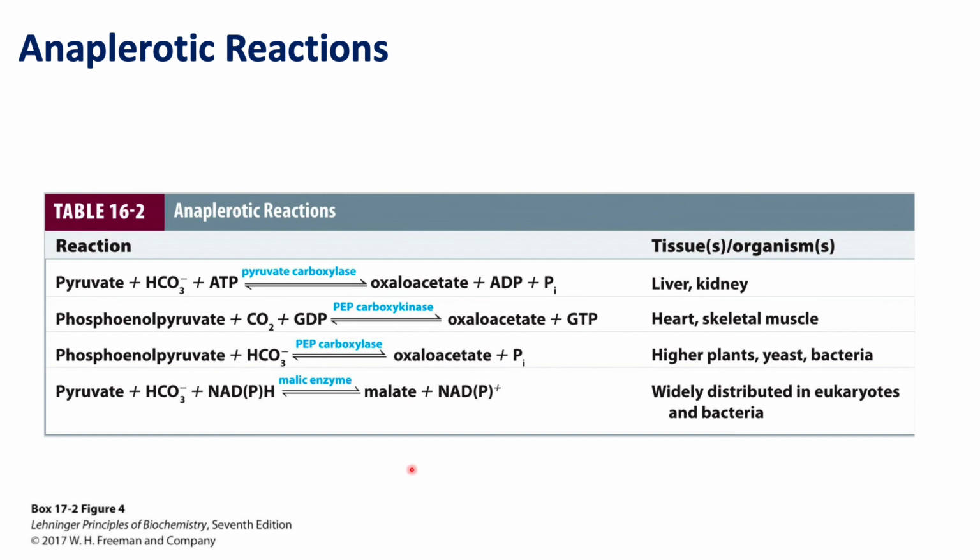It goes through the TCA cycle, and then in order to remove the excess, we use these anaplerotic reactions to convert that excess, either oxaloacetate or malate, into pyruvate or phosphoenolpyruvate, and then they can be converted into acetyl-CoA and then further undergo the TCA cycle and produce energy.